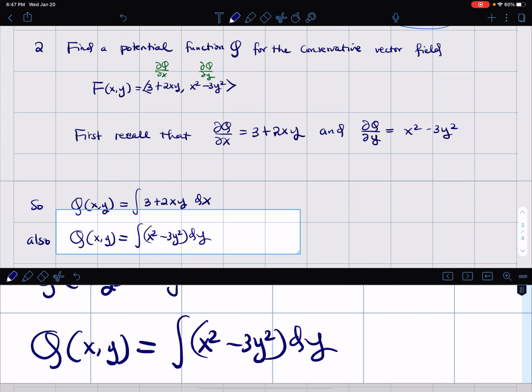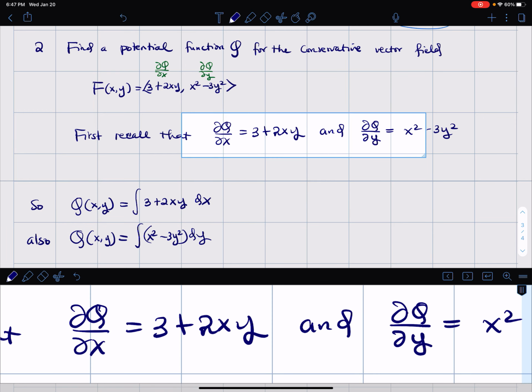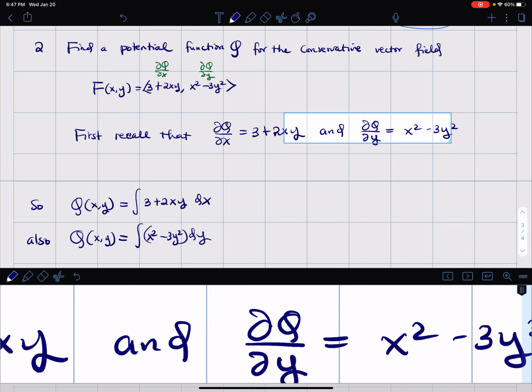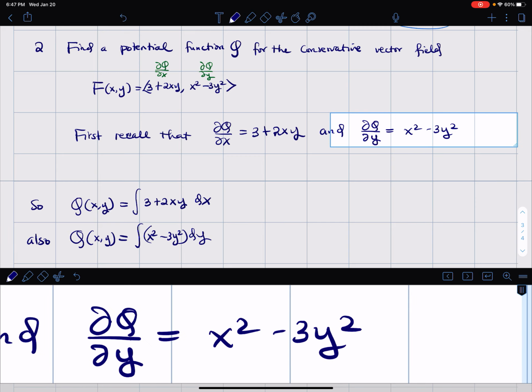All right? So if this is the partial with respect to x of phi, then if we take the integral with respect to x, we better get phi. If this is the partial of phi with respect to y, if we take the integral with respect to y, we better get phi.